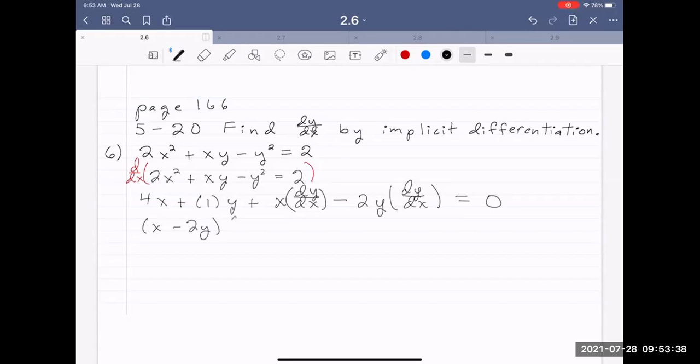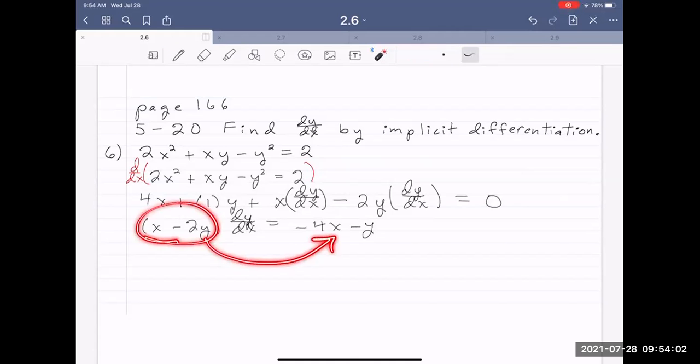Let me factor out dy over dx. And let me bring everything that doesn't involve dy dx to the other side of my equation, minus 4x minus y. And let me divide both sides of my equation by what's in front of dy dx.